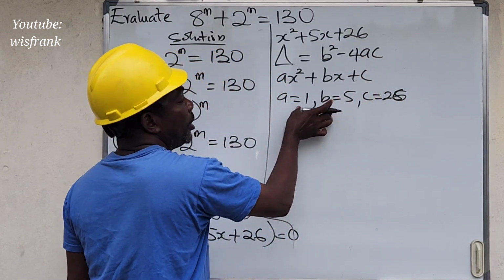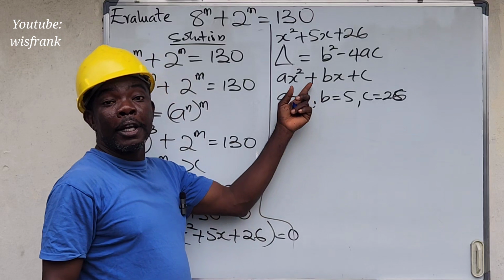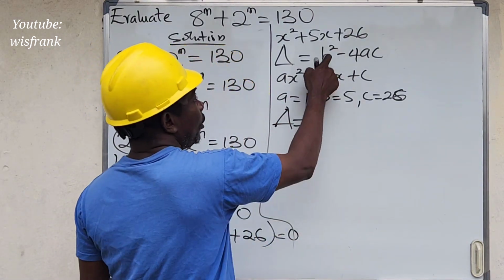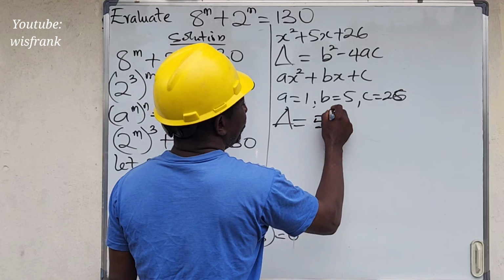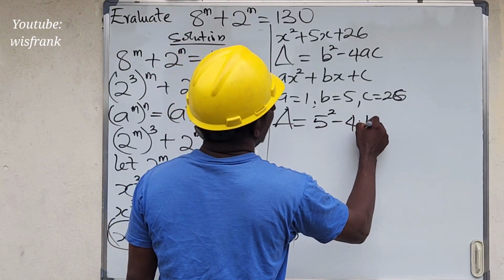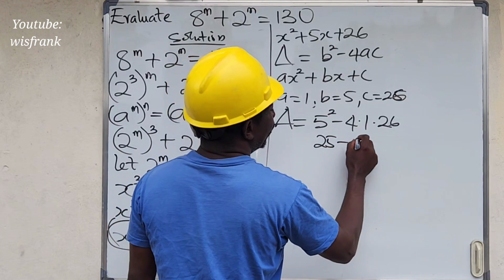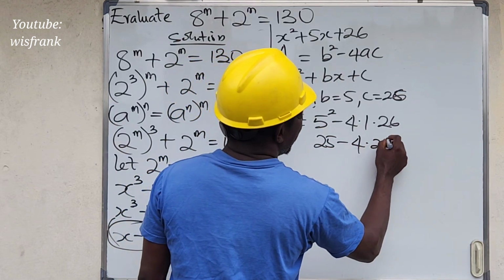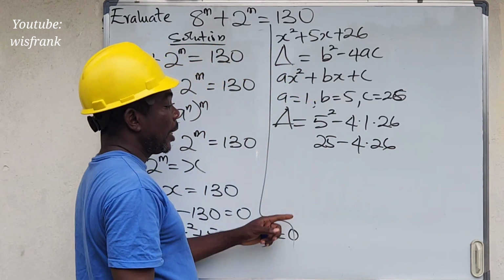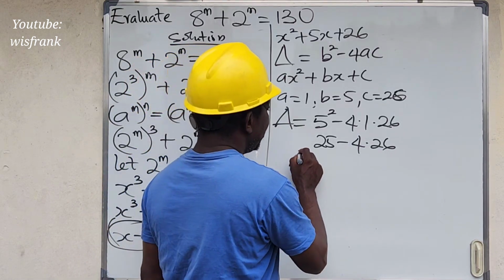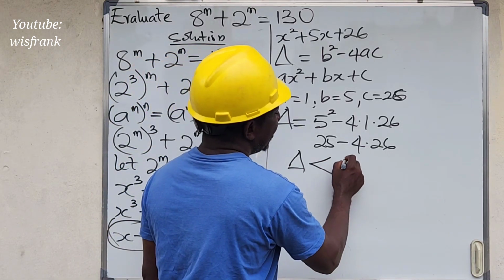Substituting this into the formula of the discriminant, we have b to the power of 2, which is 5 to the power of 2, minus 4 times 1 times 26. We have here 25 minus 4 times 26. So we can see that if we subtract the whole of here from 25, this discriminant is less than 0.